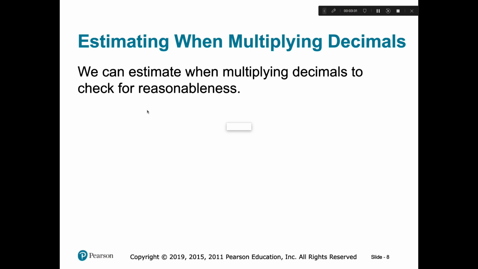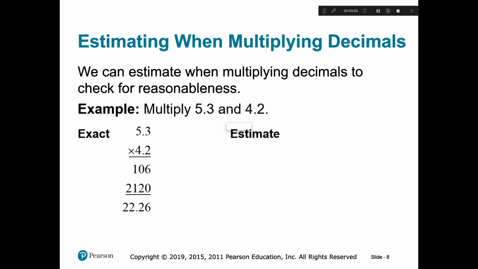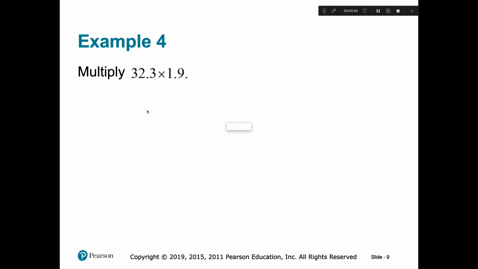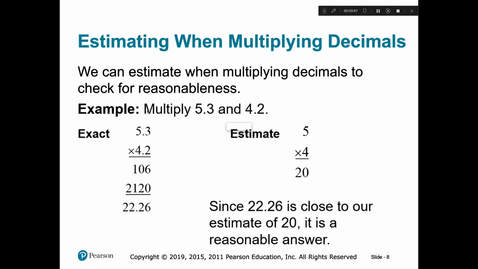Just like when we were adding, we can estimate by rounding these to the nearest whole number. So 5.3 and 4.2, we would round to 5 and 4. So what's 5 times 4? So your answer should be about 20. Oh, that one was on the back of your page.